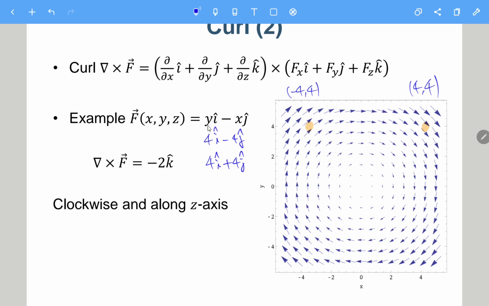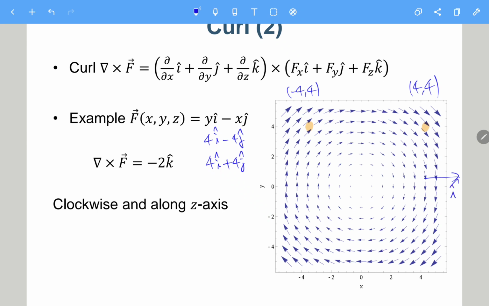Okay, so if we try to calculate the curl of this vector field, you just plug in this one here and calculate everything. Then the curl of f of this vector field is negative 2k hat. Negative 2k hat means, okay, the right side is the x-axis.